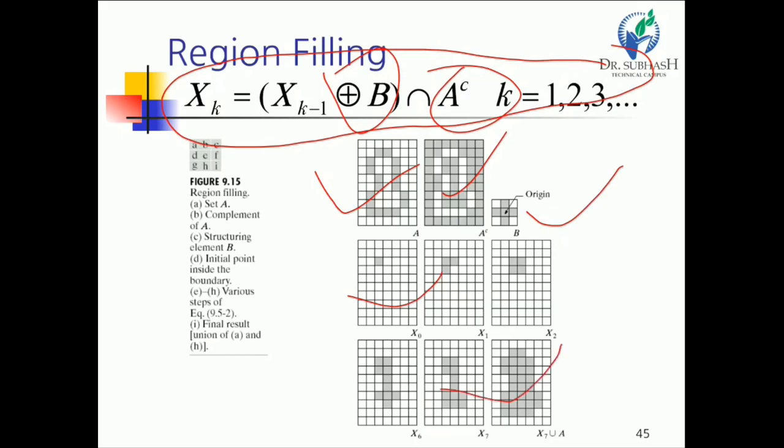So we get different images for the different region filling steps, and by putting different values of k we get X0, X1, X2, X3, X4 up to X_k, and up to that value of k we get the different images.